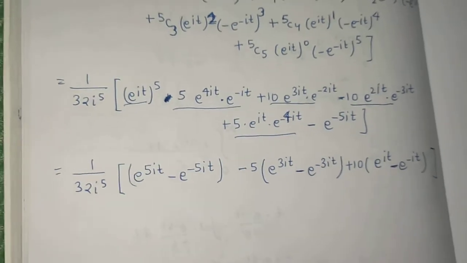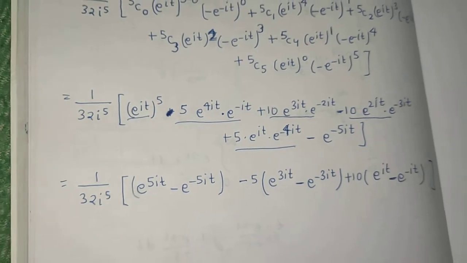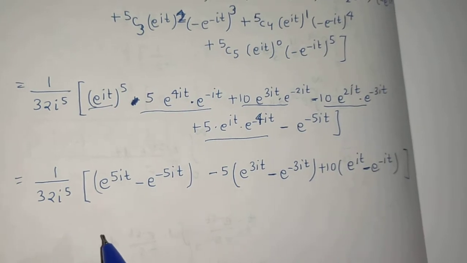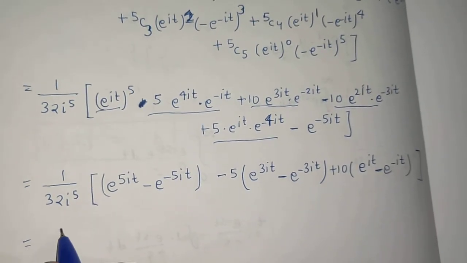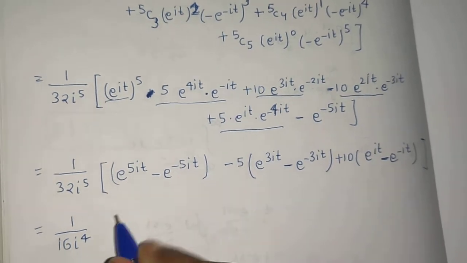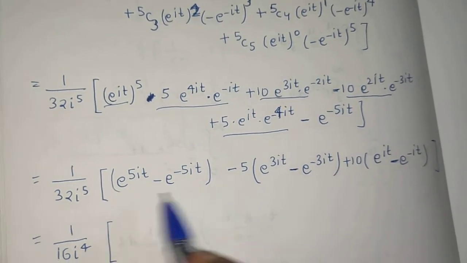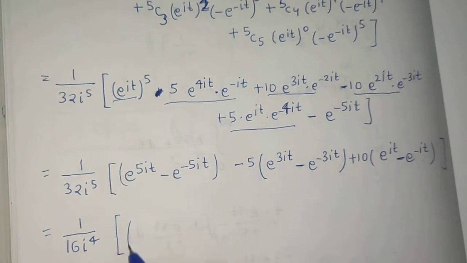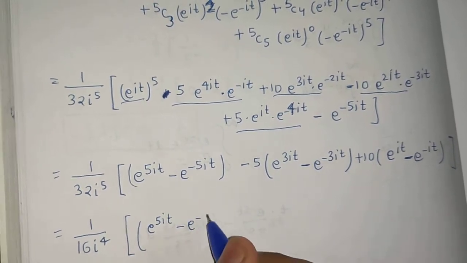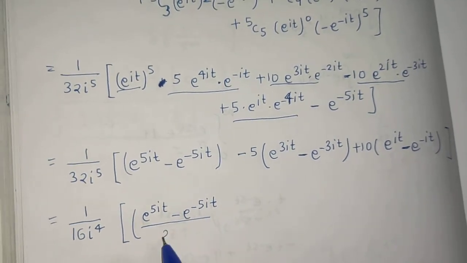Now, what I'm doing is I'm bringing 2 iota inside. The moment I take 2 iota inside, I will be left with 1 upon 16 iota power 4 outside, and the 2 iota which I am taking inside, I will be distributing it to all. So this will be e power 5 iota t minus e power minus 5 iota t divided by 2 iota.